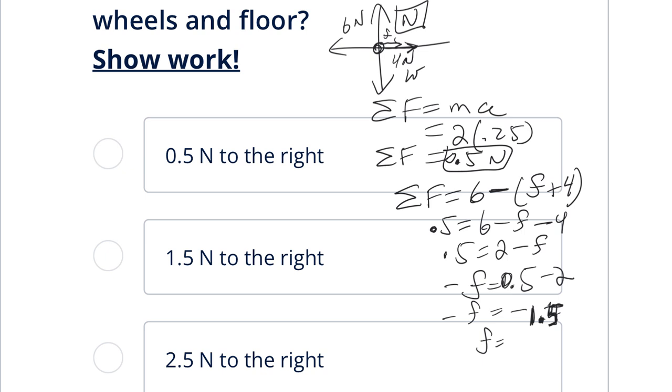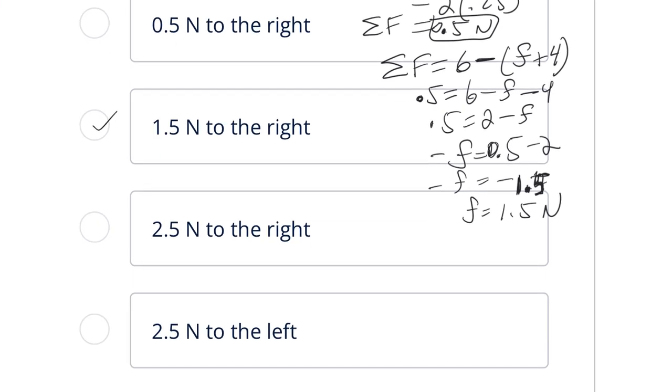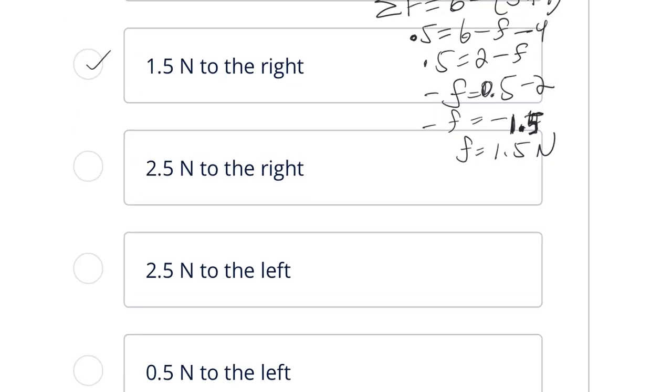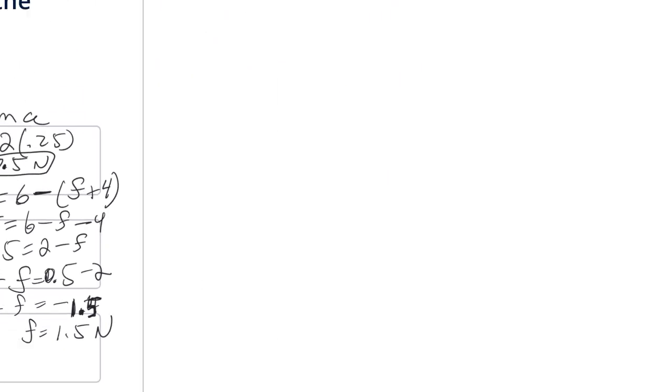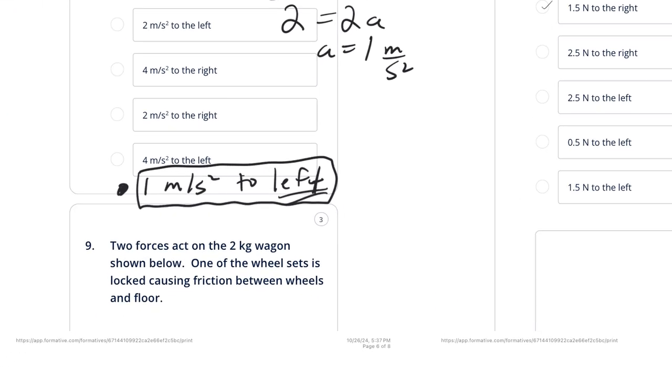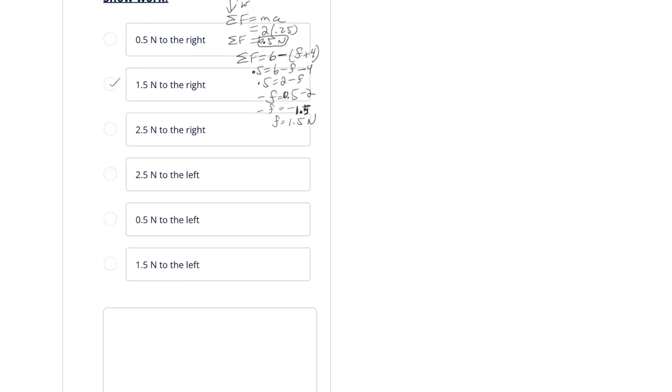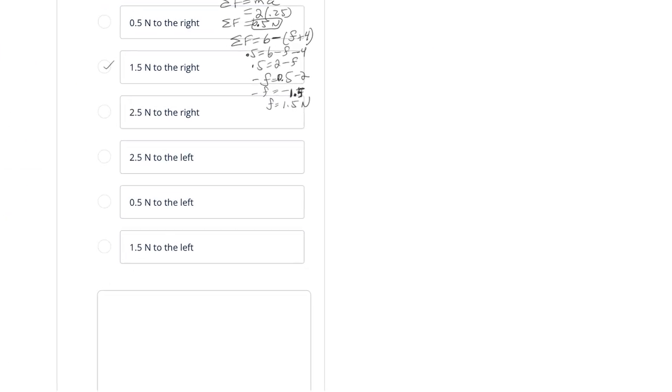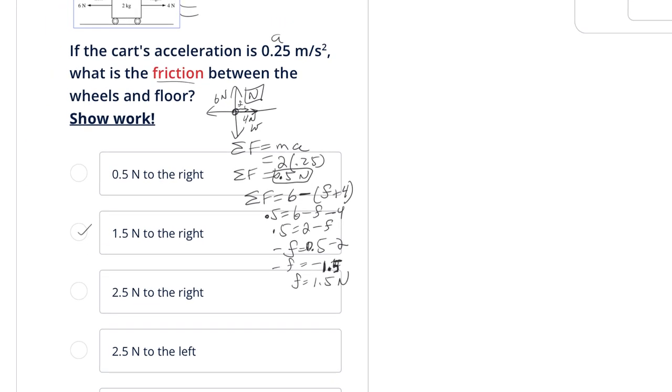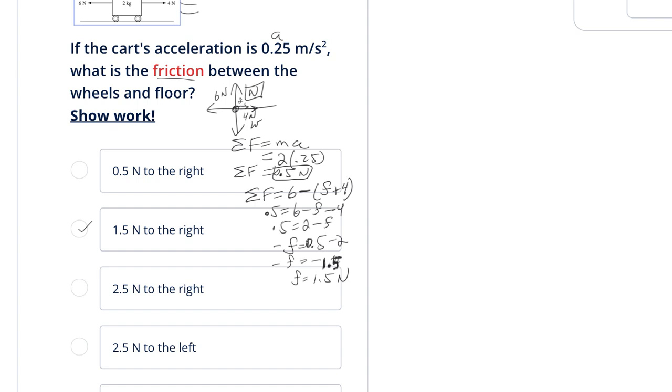So f equals 1.5 newtons, pointing to the right. So it'd be that choice. That was a good problem. Okay, that's a good summary.